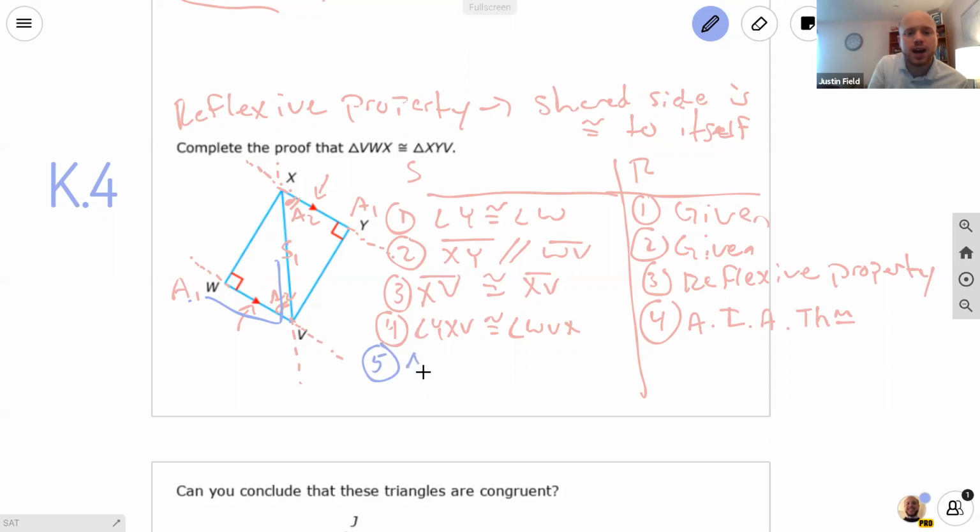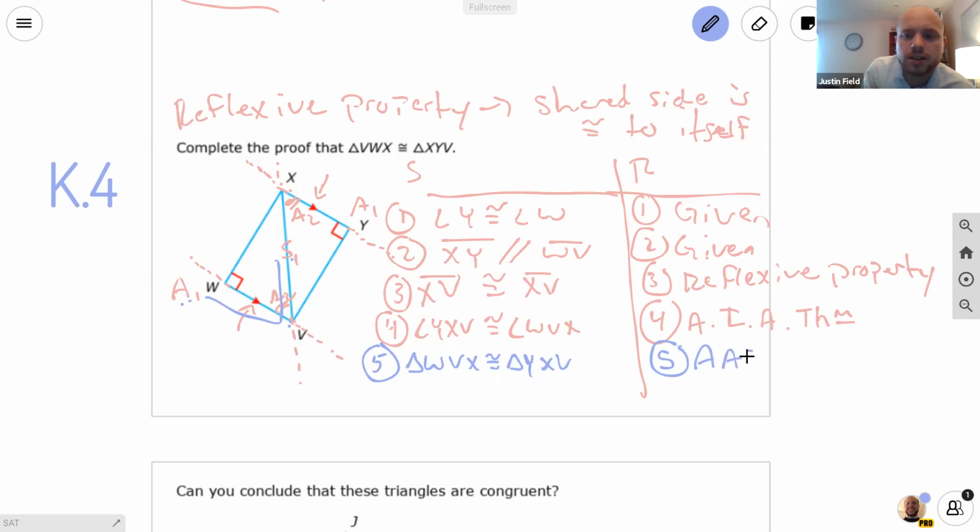We can say triangle WVX is congruent to triangle Y. So I said WV, I went to my A2, so I got to go to my A2. YXV. And the reason?